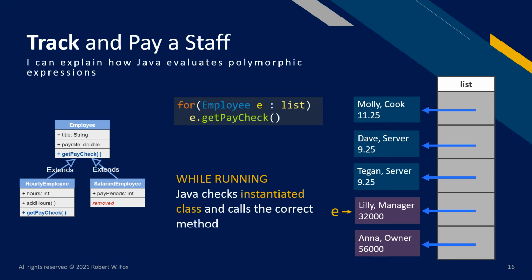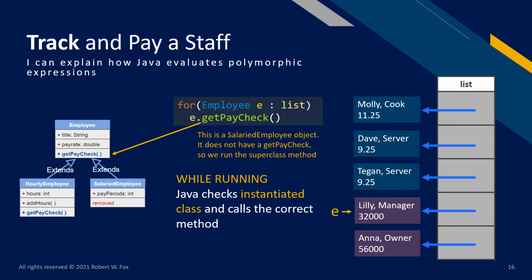And so let's say we're working through the loop and our employee E refers to one of the salaried employees. Now, we know that while we're running, Java is going to realize it's a salaried employee, and it's going to call the getPaycheck method in that class if it exists. But since it doesn't exist, we're still okay, because if we don't override the method, then Java can simply default and run the method that is inherited.